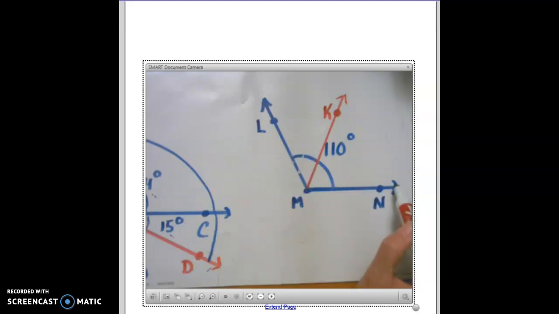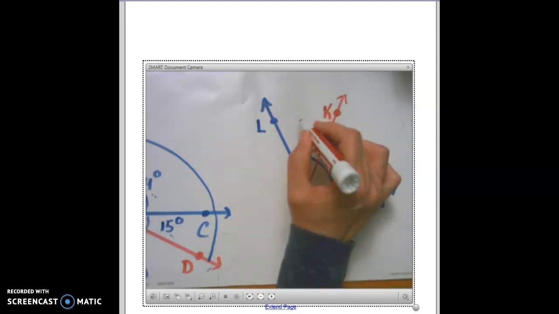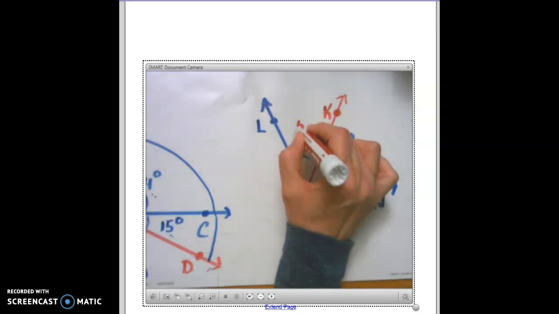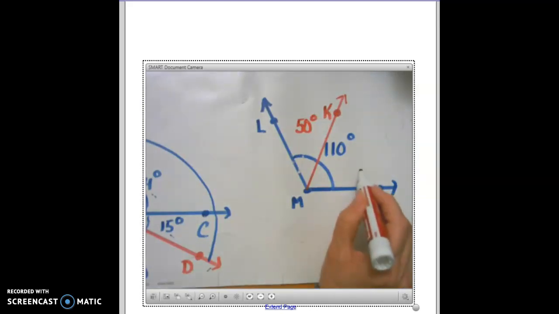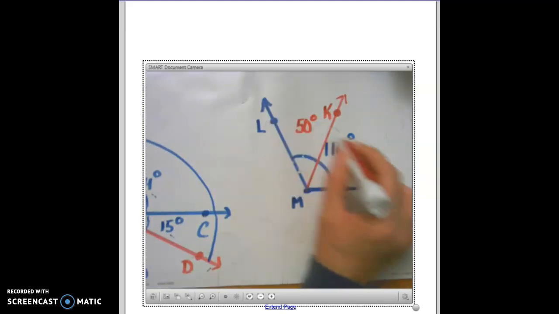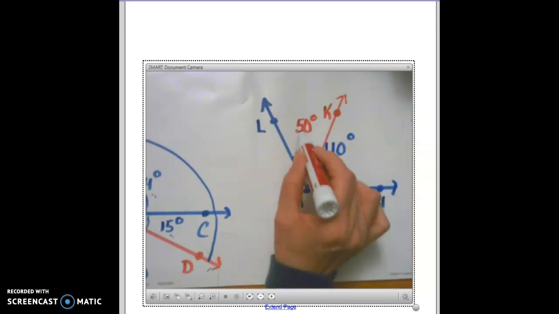So I know that angle LMN is 110 degrees. If this side of it is 50 degrees, how much is this side of it? The whole thing is 110. Part of it is 50.